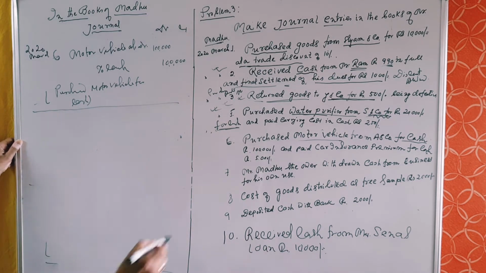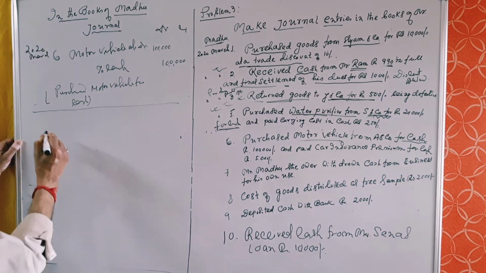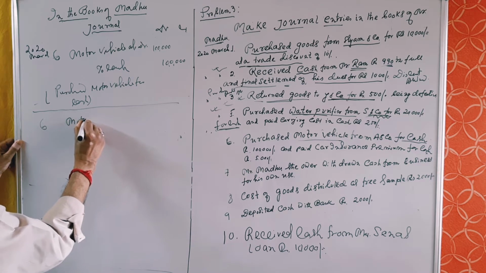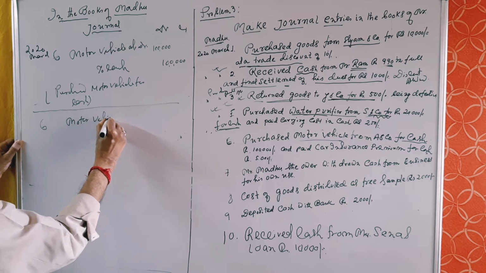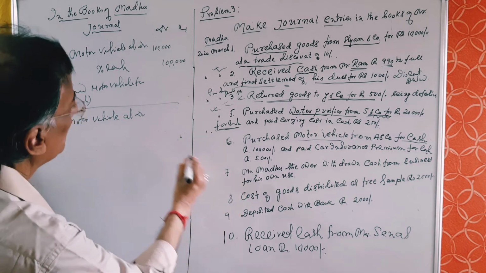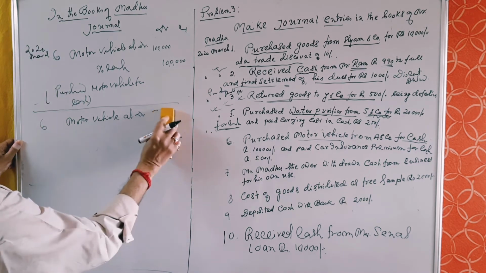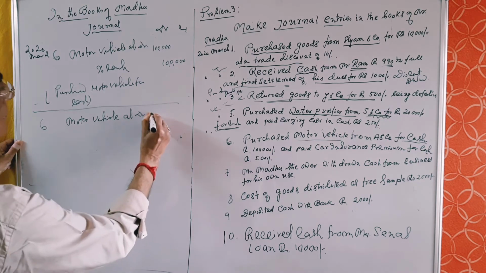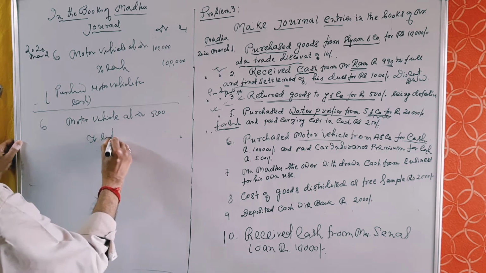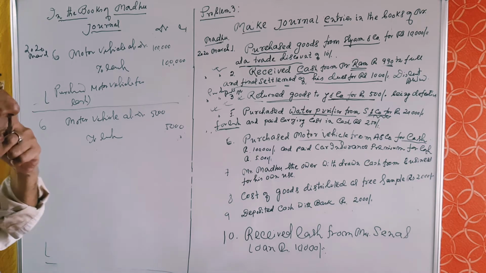The next item is paid car insurance premium for cash, which is 5,000. It will once again be debited to motor vehicle account, for the reason as I explained. 5,000 to cash. So what is the total cost of the motor car?